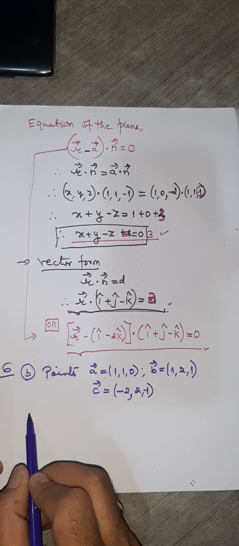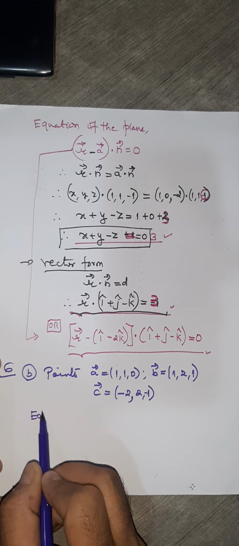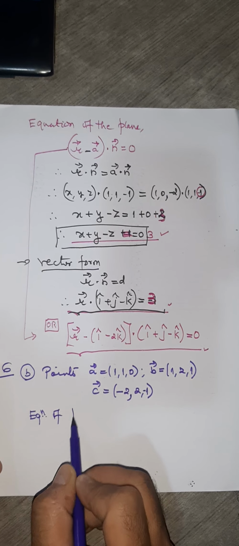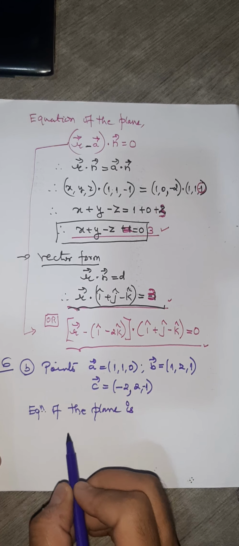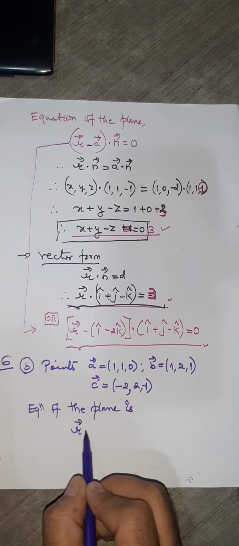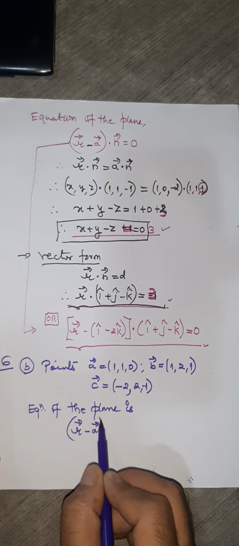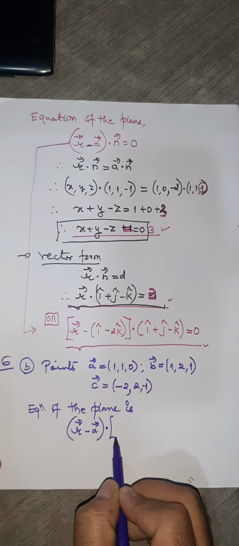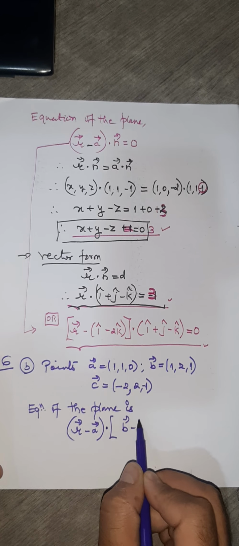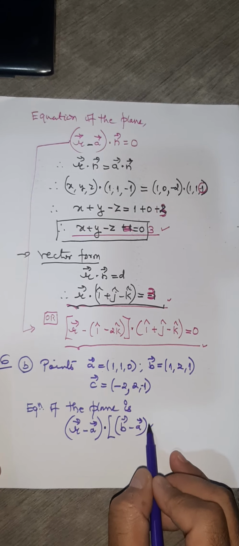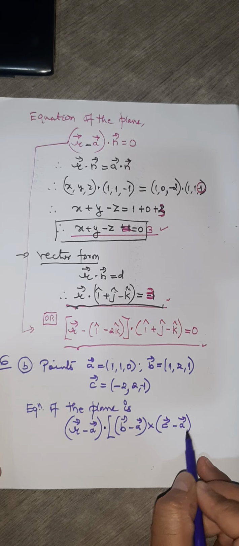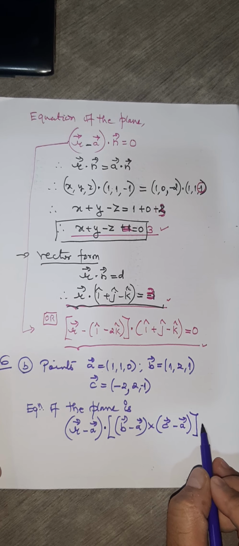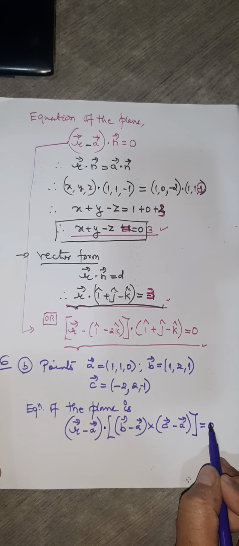Now the equation of the plane in this case is vector r minus vector a dot, if you remember, b minus a cross c minus a. That's vector form. And once we do this, we can express it even in Cartesian form.